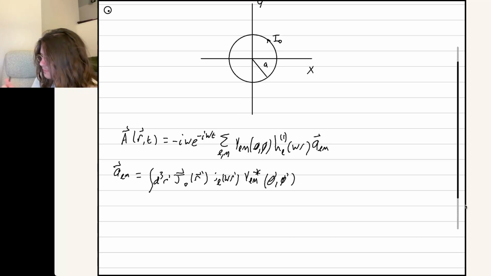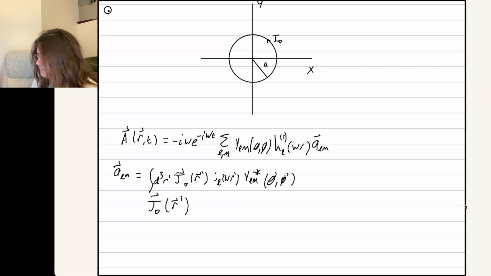So first of all, let's define the current density. It's fixed in the xy plane, so the current's always going in the phi hat direction.